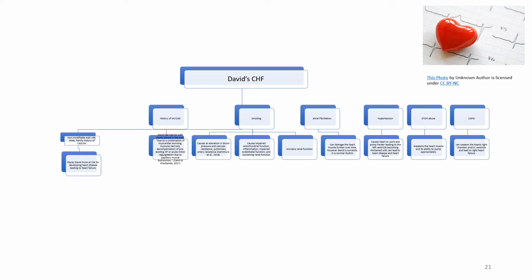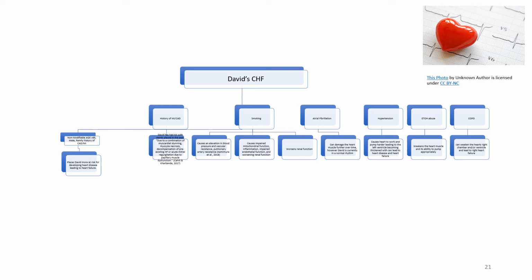His non-modifiable risk factors are his age, because he is 66. He is a male, and he did have family history of CAD, and other family members have had heart attacks. So this places him more at risk for developing heart failure. And we already discussed his history and why that places him at risk, and his smoking.